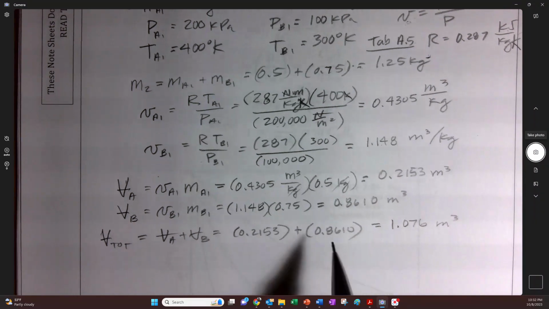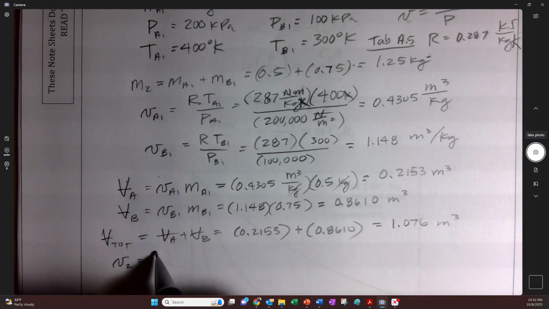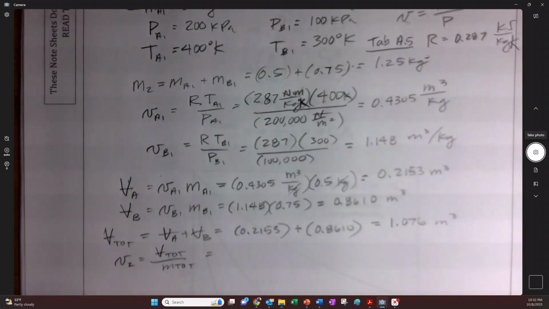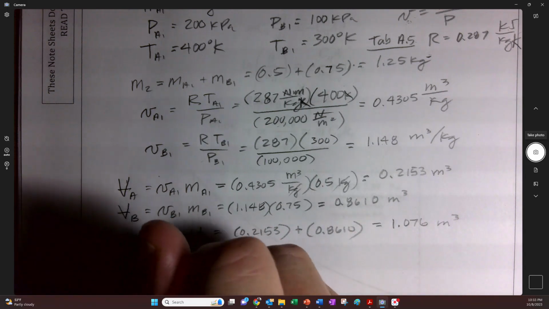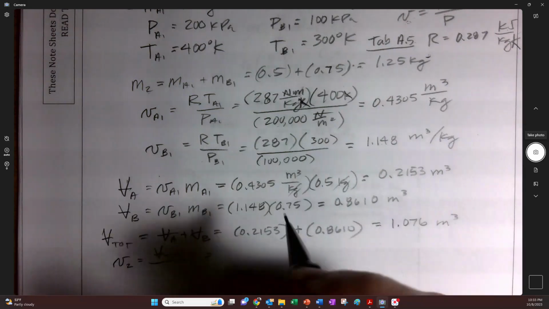All right, so we can find what our end result is going to be. So that's going to be little v2, which is just going to be V total over mass total, M tot, or M2. I guess that's what I called it up above, M2. Try to be consistent.